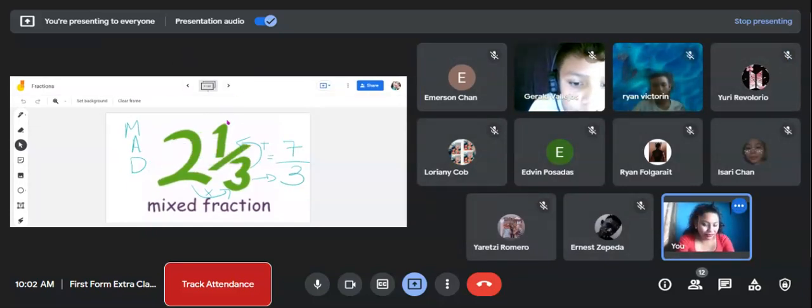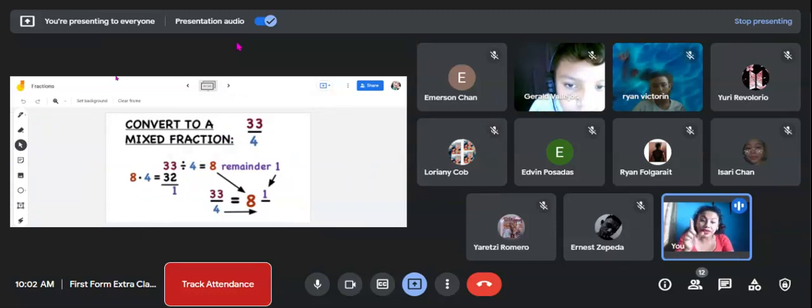Yes? Okay. That's one thing that we had to review, right? Next thing, what if I am asked to do the opposite? I'm given an improper number. So I have a big number at the top, I have a small number at the bottom, and I need to change this improper number to a mixed number.